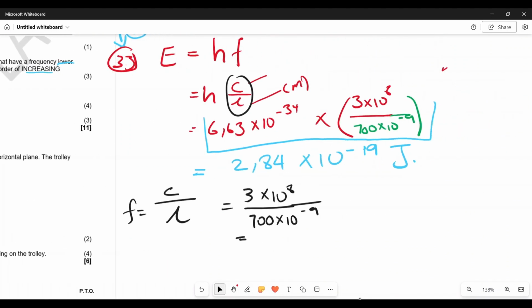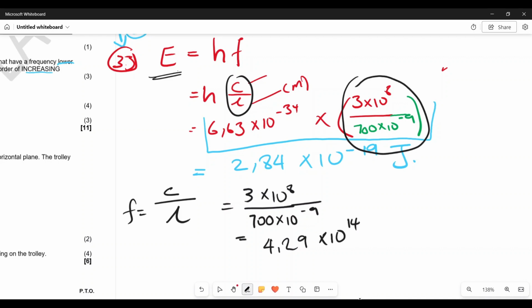We already did this while calculating the energy of the photon. Punching this into your calculator, your frequency should be equal to 4,29 times 10 to the power 14.